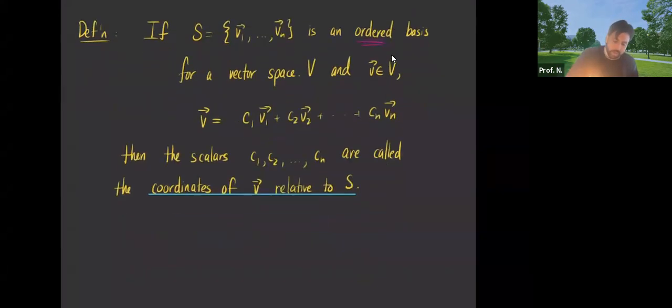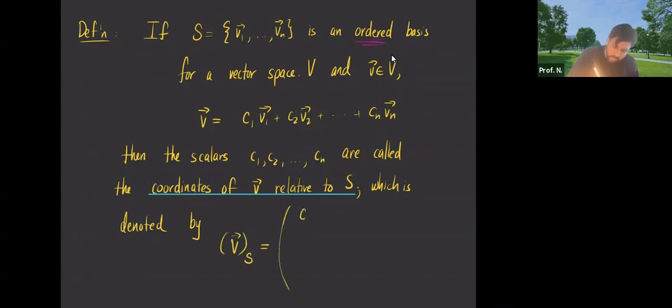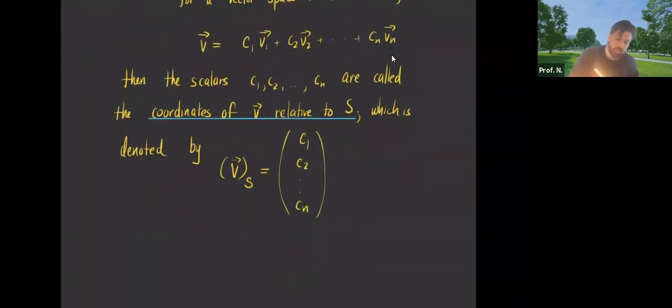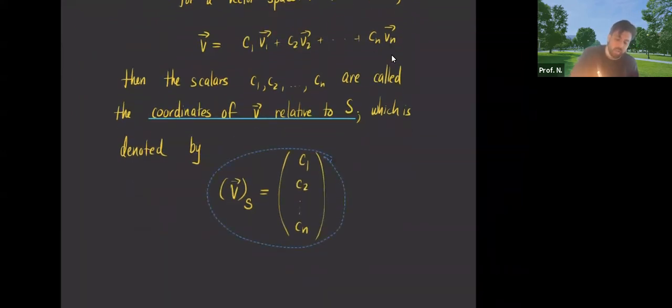So this is denoted by the following: v in brackets, relative to S, is going to be the column vector c1, c2, all the way to cn.